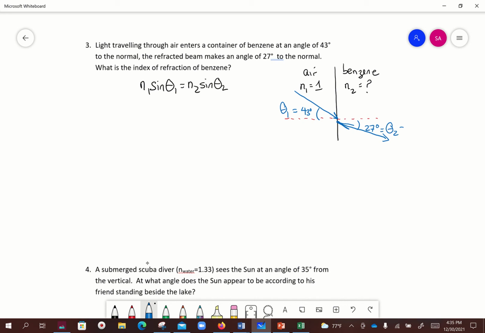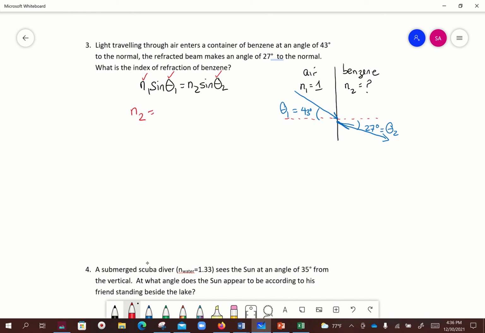Okay, so whenever light goes from a low index to a high index, it bends towards the normal. If it goes the other direction, from a high to a low, it's going to bend so that the angle is bigger, so it bends away from the normal. So what do I have? I know my N1, I know my theta 1, I know my theta 2, and I need to find N2. So I just have to rearrange Snell's law.